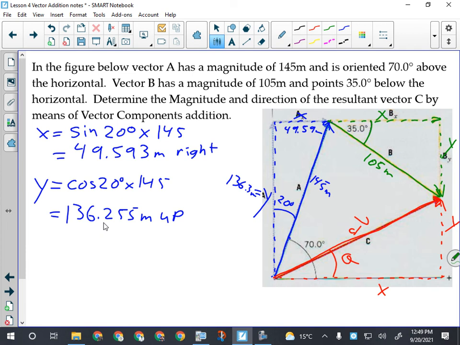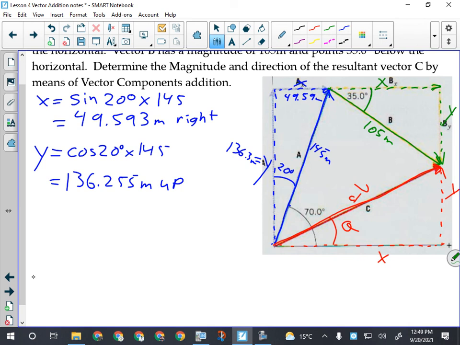So, for the green triangle, is green x adjacent to or opposite the angle I know? Okay, so it's adjacent, right? Green x is right here. It's beside the angle, so it's adjacent to it.